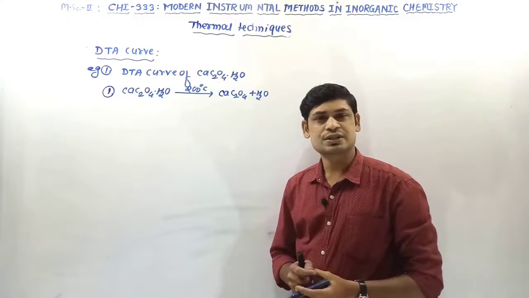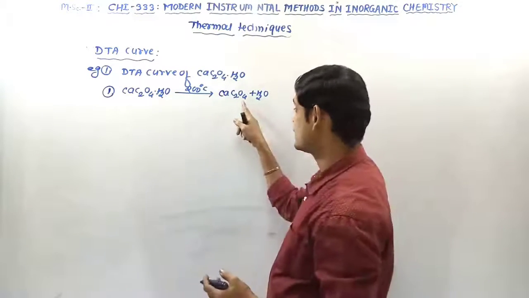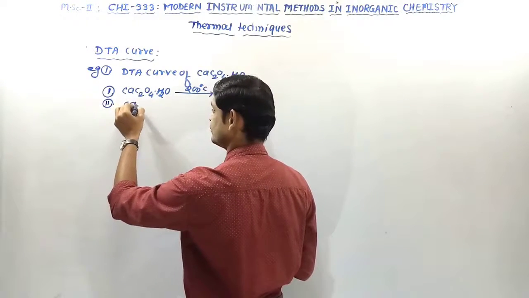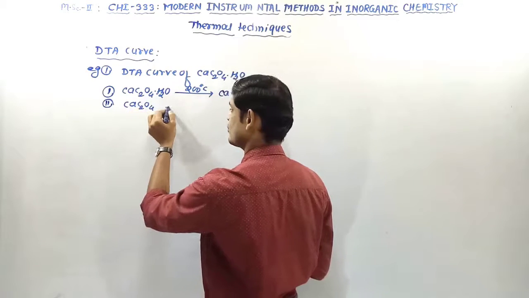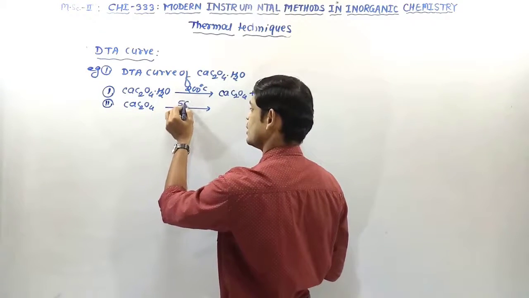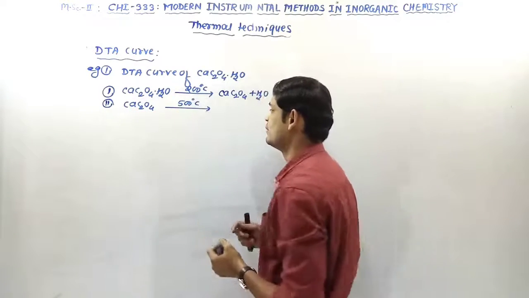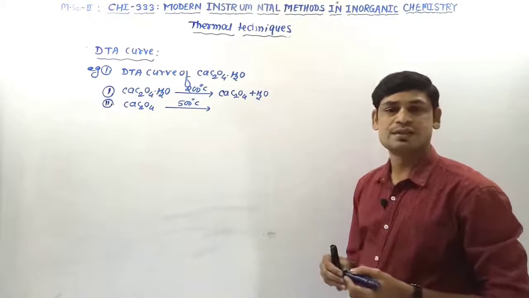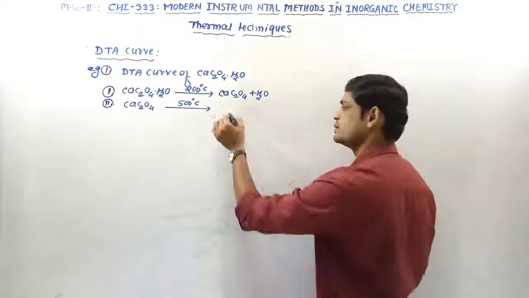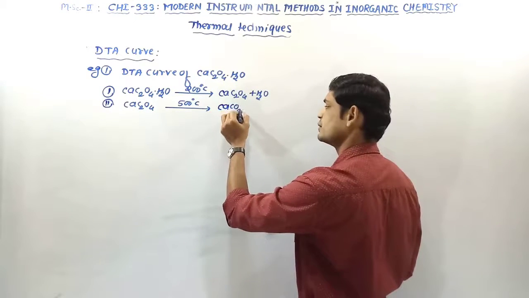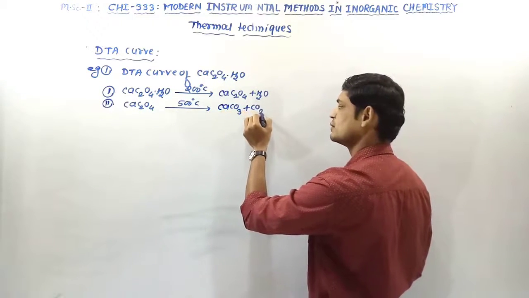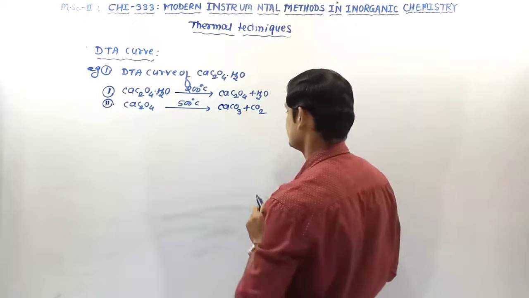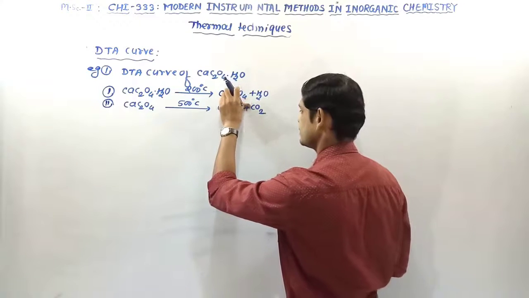In the second reaction, this CaC2O4 upon further heating around 500 degrees Celsius gives the corresponding calcium carbonate plus CO. We should balance it.